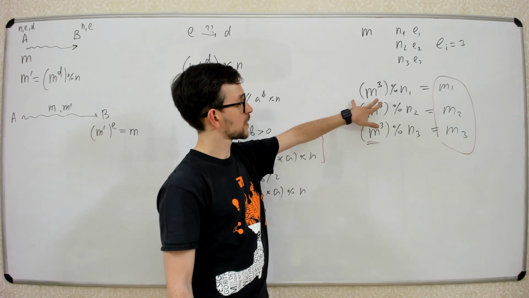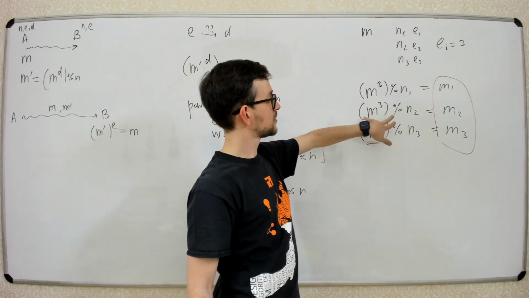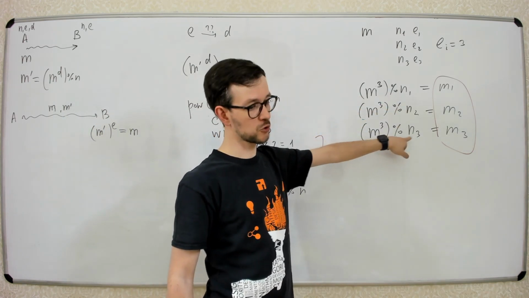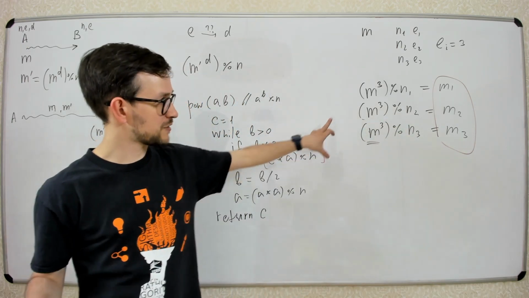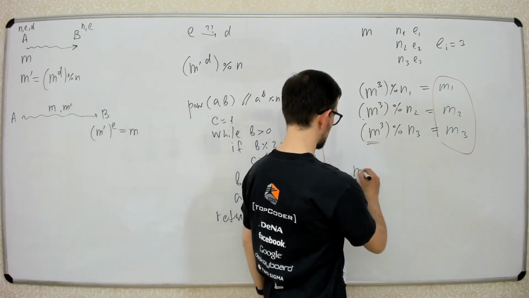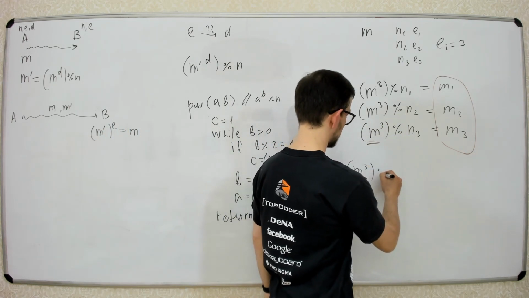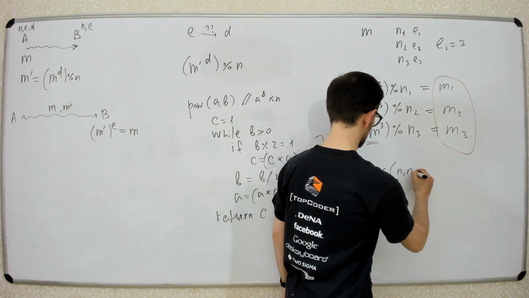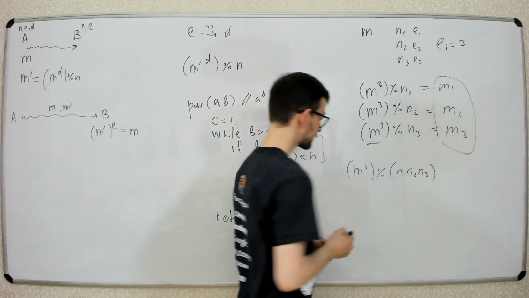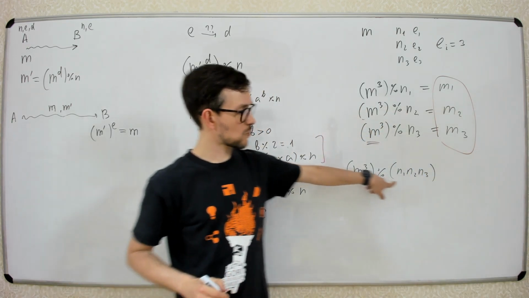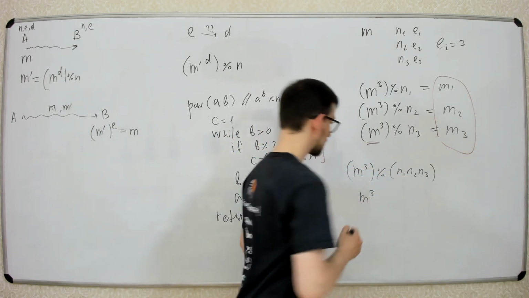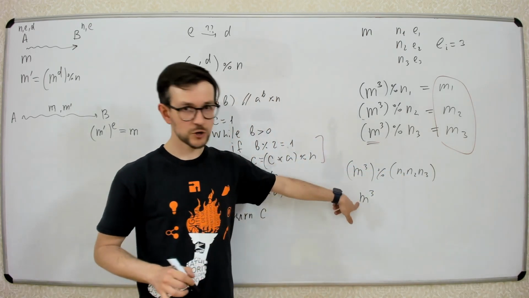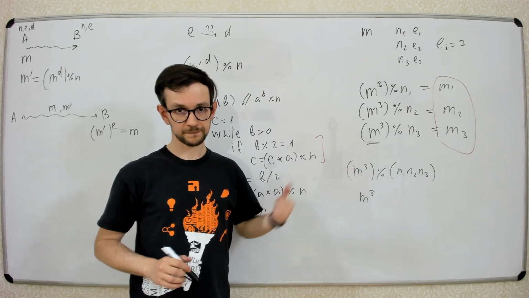What do we have here? We have some number modulo n1, the same number modulo n2, and modulo n3. We can use the Chinese remainder theorem. Using it, we can calculate m cubed modulo n1 n2 n3. Since m is smaller than all these numbers, we actually calculate m cubed. Now we take the cubic root of this number and get the number m.